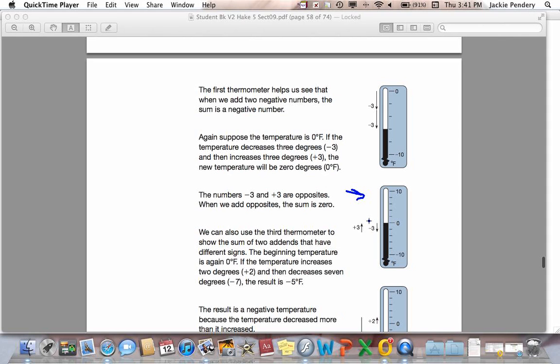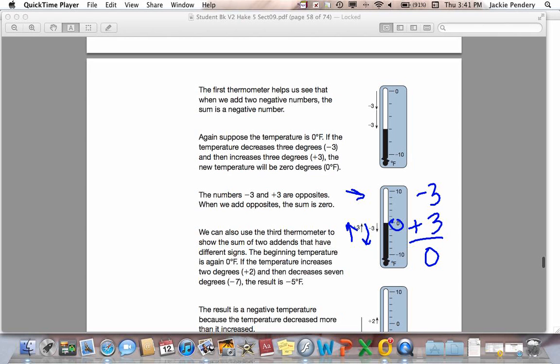We go down negative 3 degrees, but then we come back up positive 3 degrees. It is still 0 degrees then. So negative 3 plus positive 3 equals 0. I'm going down and right back up the exact same amount. They cancel each other out.